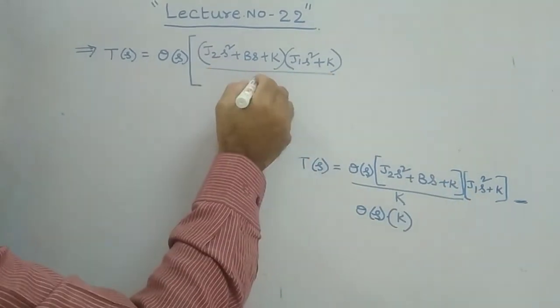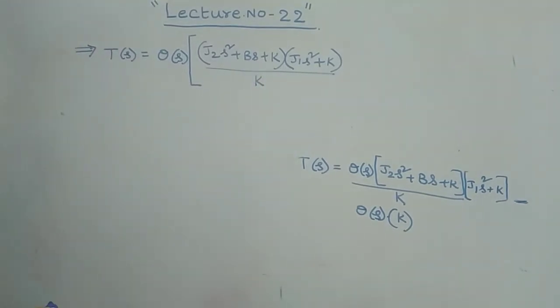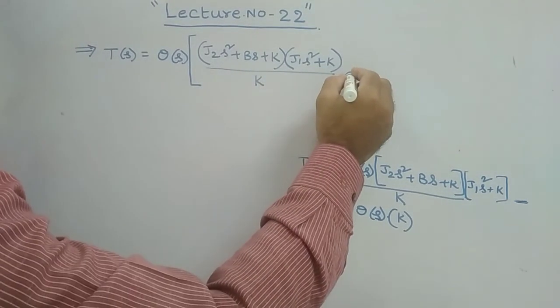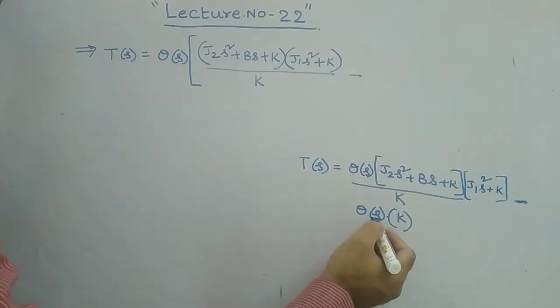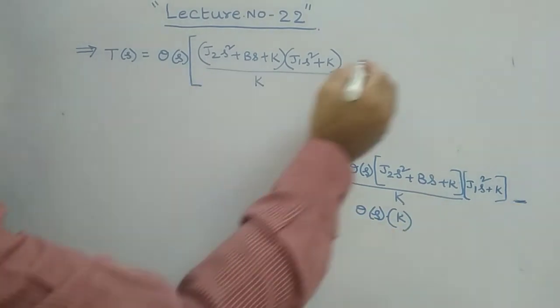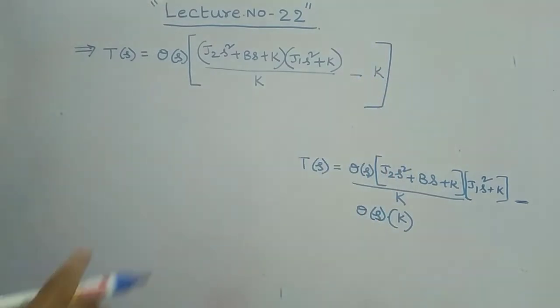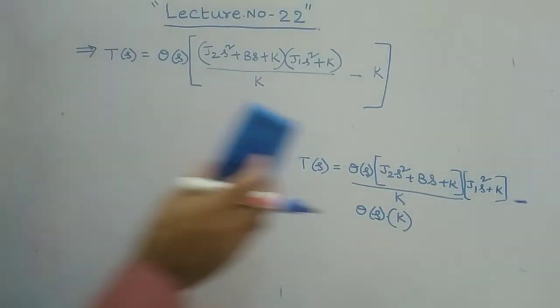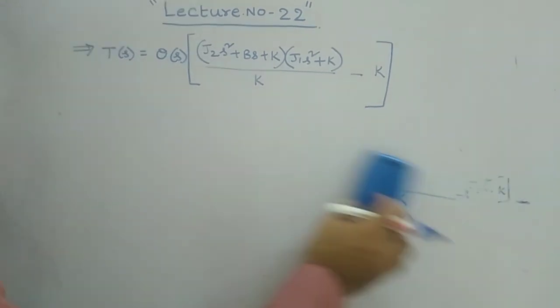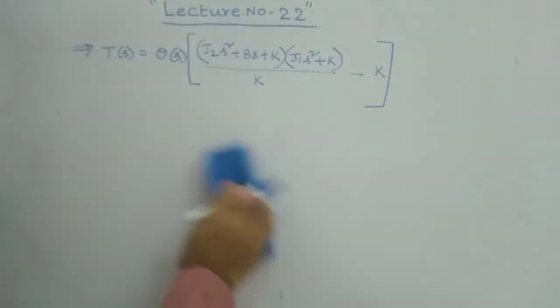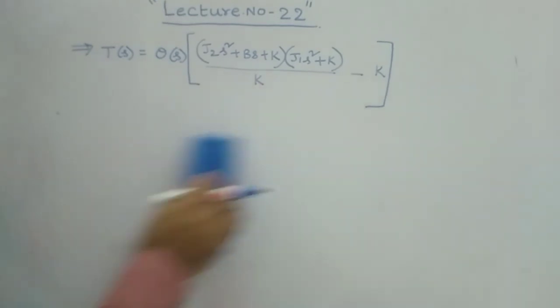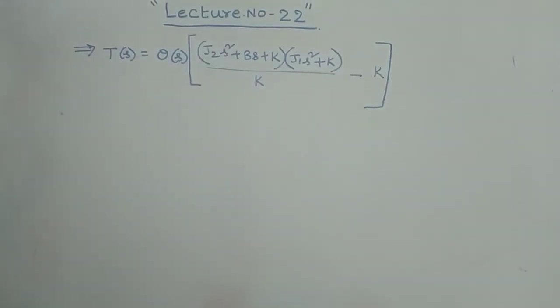Minus, theta of s is already taken outside, and you have your k. Clear? Now just to simplify this, and you will get the answer.